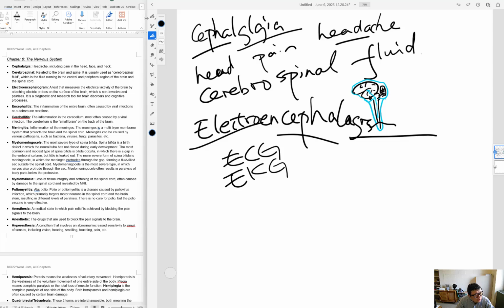Is it EKG? ECG? I forgot. EKG means the heart's electrical activity, and this records the brain's electrical activity. It's used for many reasons, sometimes for diagnosis, and also a lot in research to identify human cognitive behavior in the brain. And okay, let's go forward.